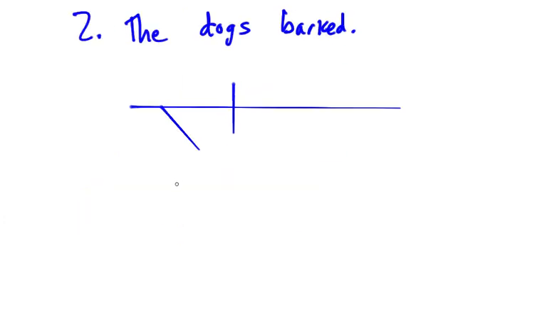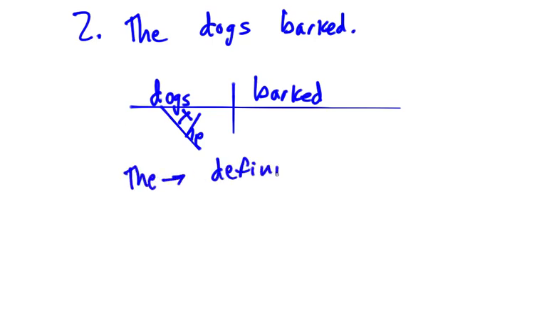Okay, my next sentence. The dogs barked. Alright, so we know now articles go on the line underneath, the slant line underneath, so the goes there. Dogs up here, and barked. As always, no full stop at the end. We don't include punctuation in the diagram. So we have the, which is the definite article. Dogs, that's the subject.